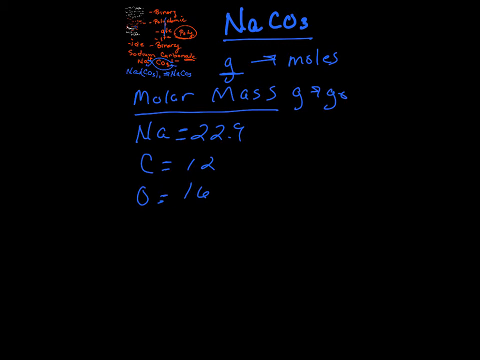So here we have 22.9, and then you have to multiply by the number of each one that you have in the compound. Sodium, 22.9 times 1, is 22.9 grams per mole. Carbon, 12 times 1, is 12 grams per mole.